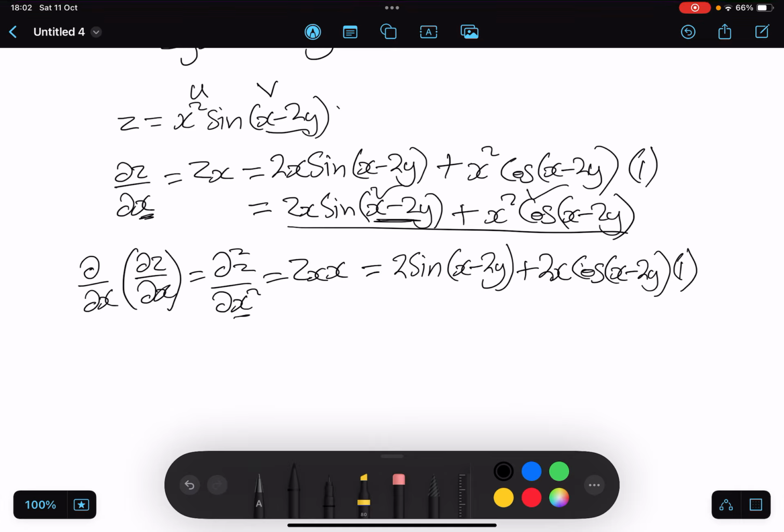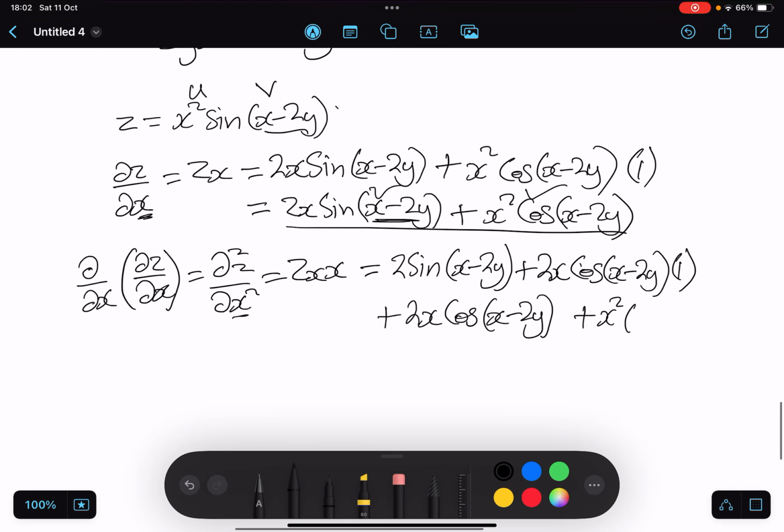So now I have to differentiate this part with respect to x again. We're going to have 2x cos(x minus 2y) plus x squared, and when you're differentiating cos, you're going to have minus sine(x minus 2y), and then differentiating what is inside with respect to x, you're going to have 1, because we know that 2y is a constant, so we differentiate x to 1 and the constant to 0.